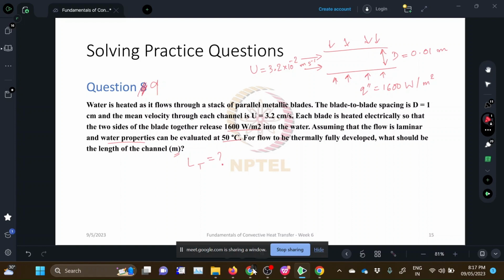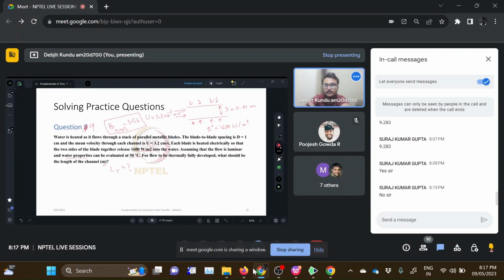So I'll give some additional information. The Prandtl number of water at 50 degrees Celsius is 3.56. At room temperature, it is close to 7, something like 6.9. But at an elevated temperature of 50 degrees Celsius, it becomes close to 3.56. So you have to use all this to find out the entry length. We have seen the formula for entry length earlier. You can use that and try to calculate it.